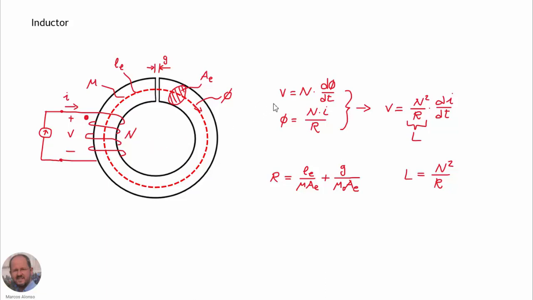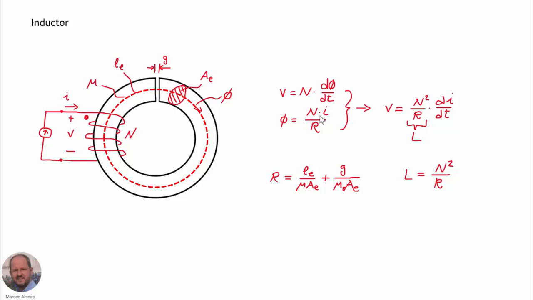Here we have the equations that are going to govern this type of device. We have the Faraday's law. The voltage is the number of turns times the derivative of the flux phi with respect to time. So we have a flux inside the core, as we know. And then we have also that the flux is going to be equal to the number of turns times the current divided by the reluctance.